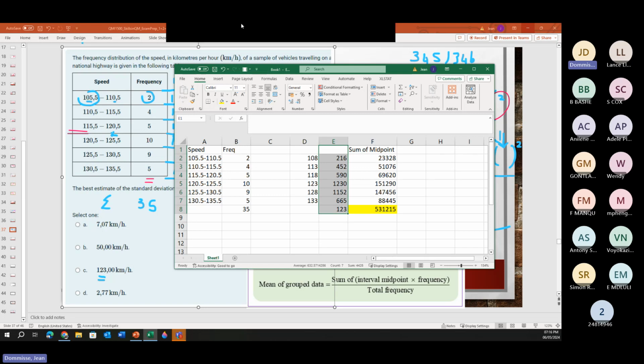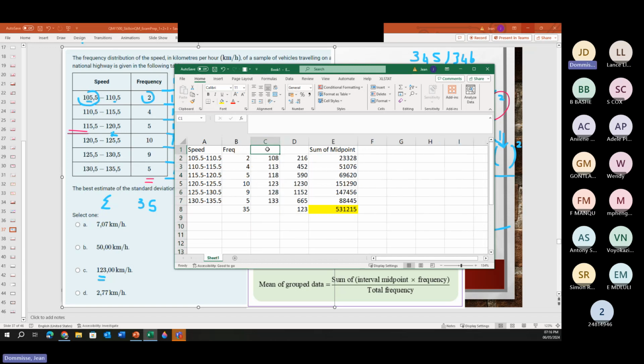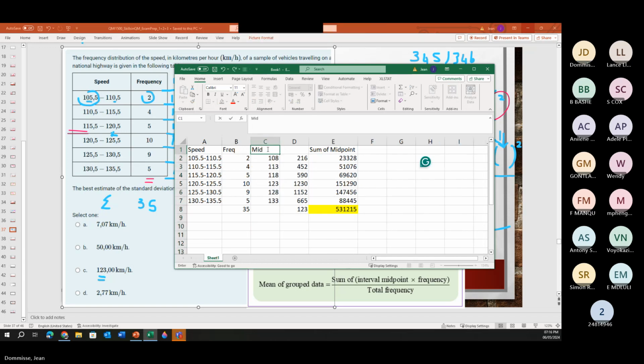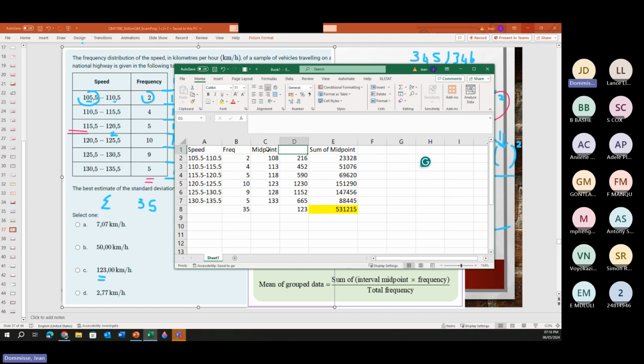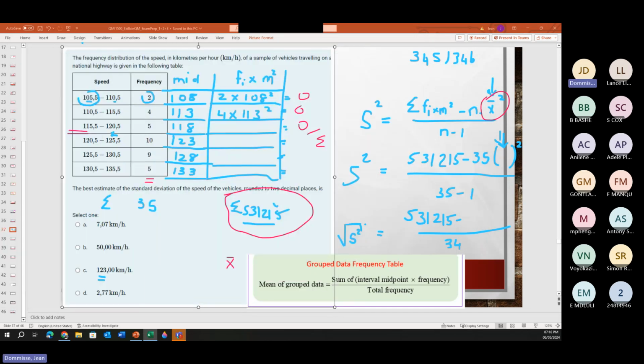This is a lot of work if you needed to do this in the exam, to be honest. So that is for your mean, and then this is for your standard deviation sum. Okay, this is really a bit ridiculous.